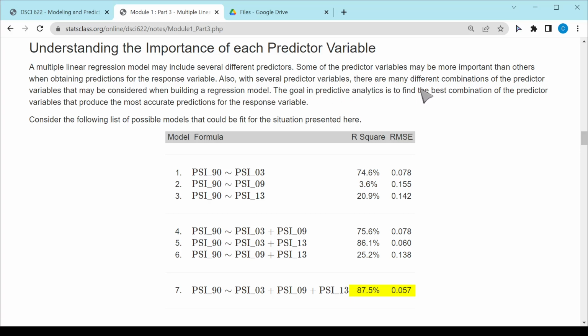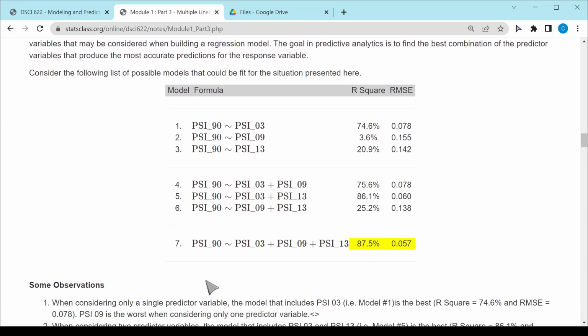Also, there are many different combinations of the predictor variables that may be considered when building a regression model. So we don't necessarily just automatically dump all 3 predictor variables into our prediction equation. There's oftentimes more consideration that goes into play there.